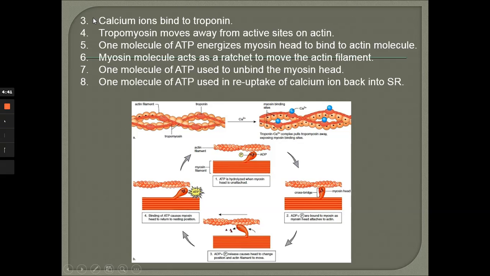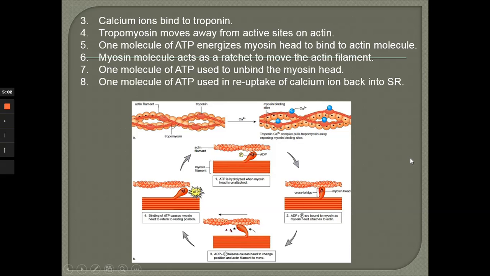So we're on to number 3. What happens next? Calcium ions bind to the troponin. Okay, so I'm going to take you right up here on the picture. Here's the calcium ion, and it's shown as a blue ball. The calcium ion will bind to the troponin.